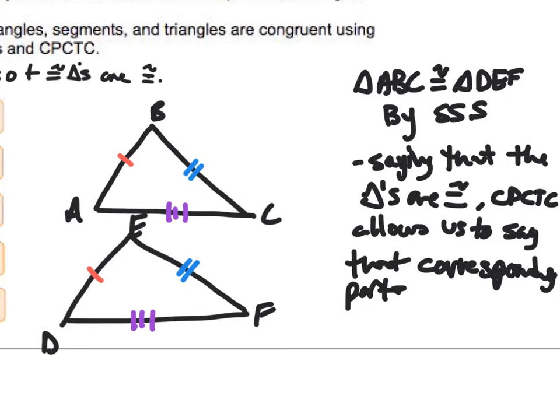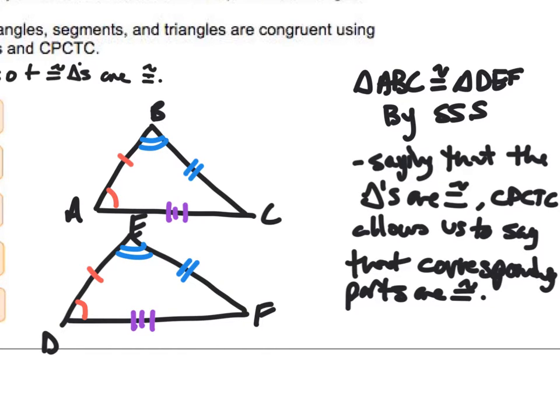What I mean by that is this: if these triangles are congruent, and I only know that the sides are congruent, just because I now know that the triangles are congruent, I now know that all of my corresponding angles are congruent.